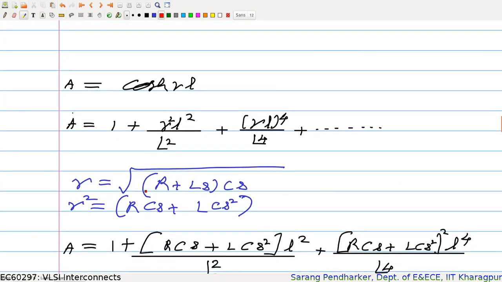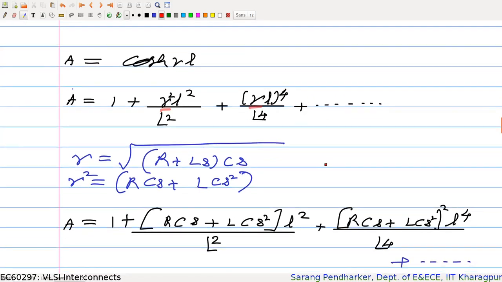Here gamma is equal to root over (R plus Ls) into Cs, or gamma square is this. So it makes our life simple because we already have terms of square, and to the power 4 and so on.